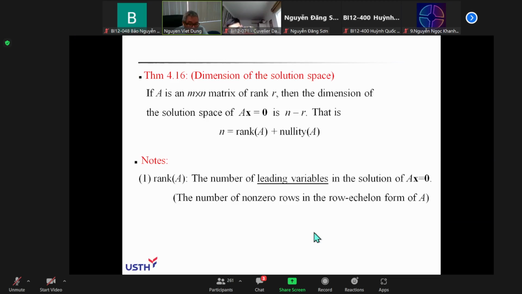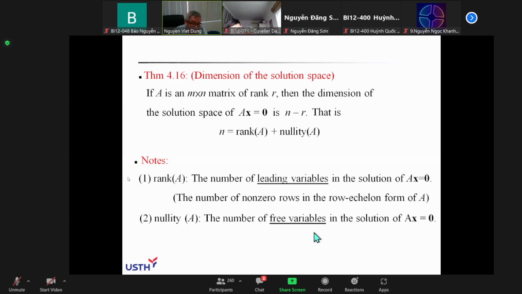I have two things to explain to you. As I told you from the beginning of the course, solving a system of linear equations is a very fundamental skill, and in order to do it by Gauss or Gauss-Jordan elimination, you always look for the leading one. Here I explain what the rank of A is.